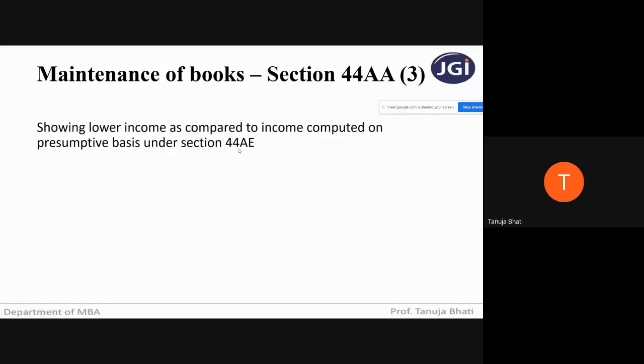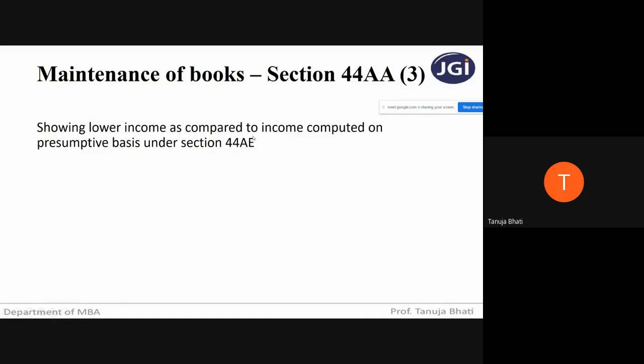Next, maintenance of books under section 44AA(3). We have seen section 44AA subsection 1, subsection 2, and now subsection 3: showing lower income as compared to income computed on presumptive basis under section 44AE. So students, first, what is section 44AE?